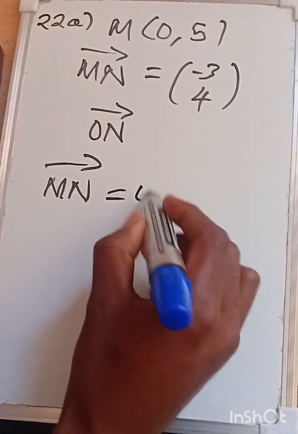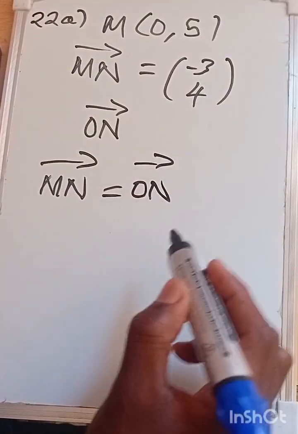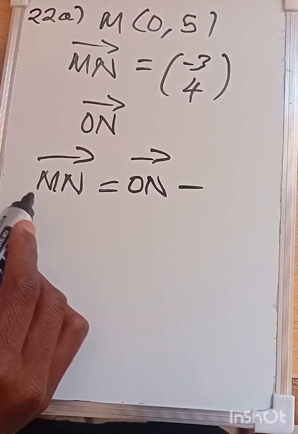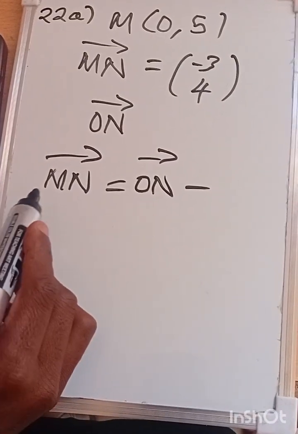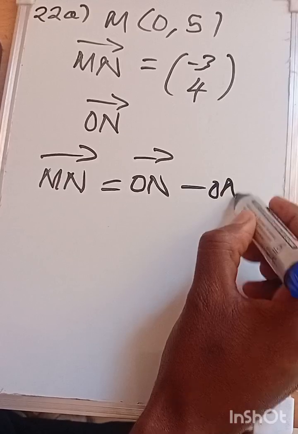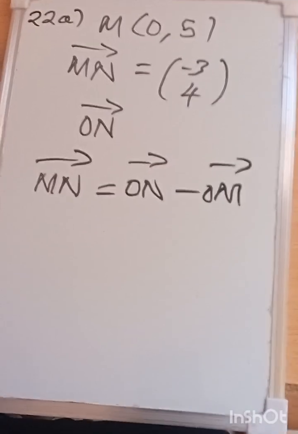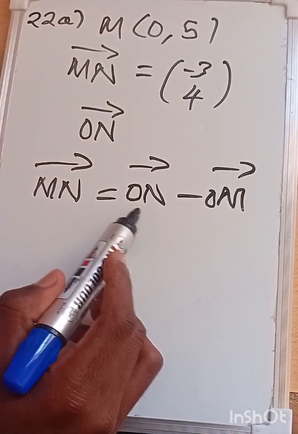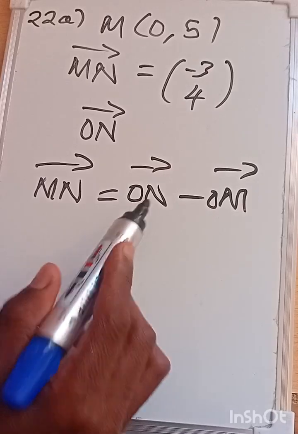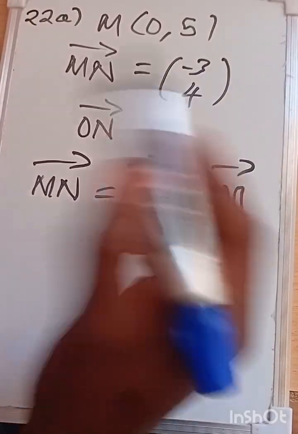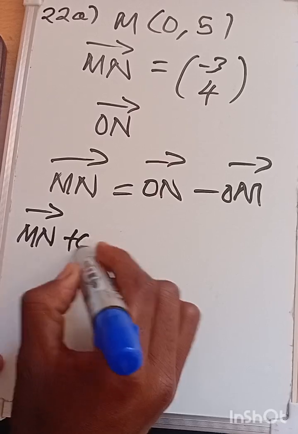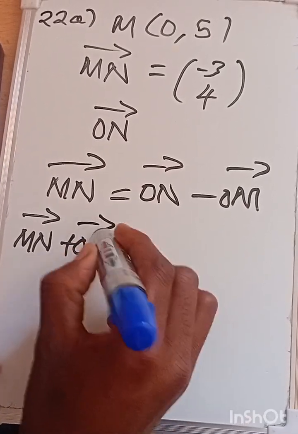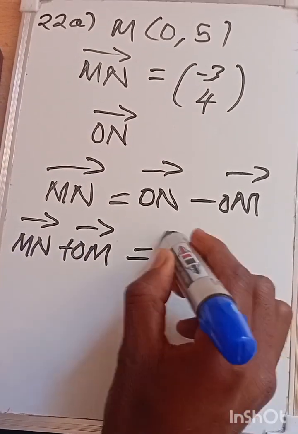So you say ON, you break it down as ON minus OM, okay? What we're looking for is ON, so you need to make ON the subject. So this OM goes to the other side. You have MN plus OM, which will give you ON.